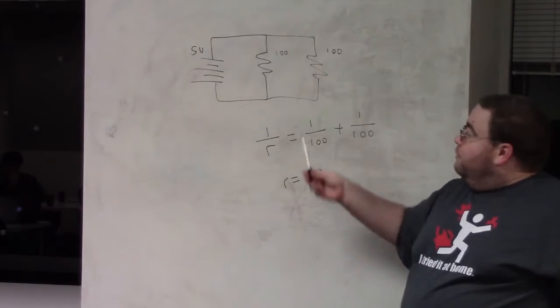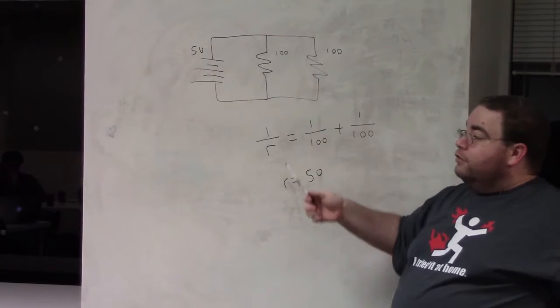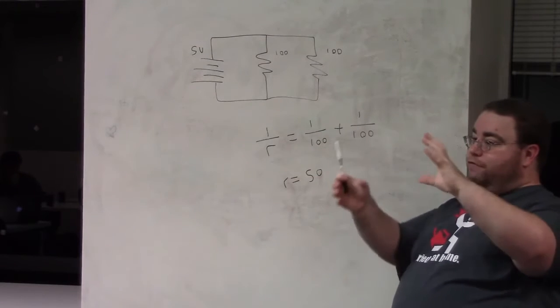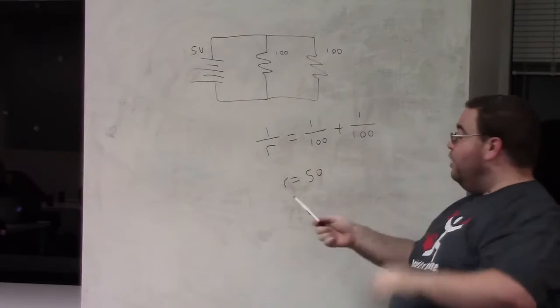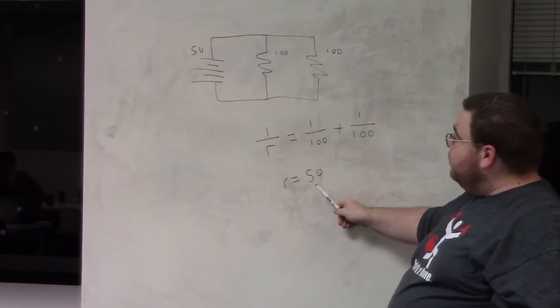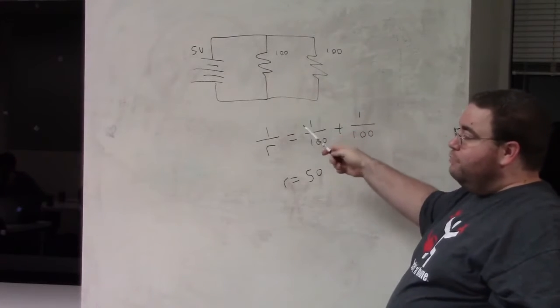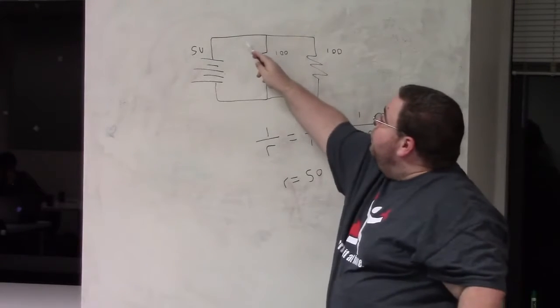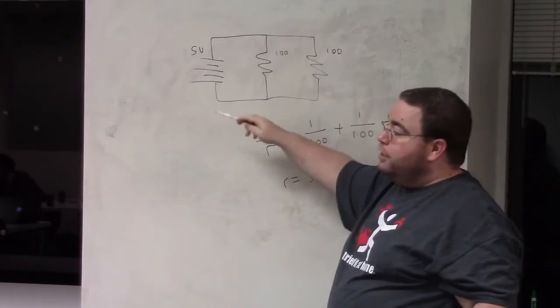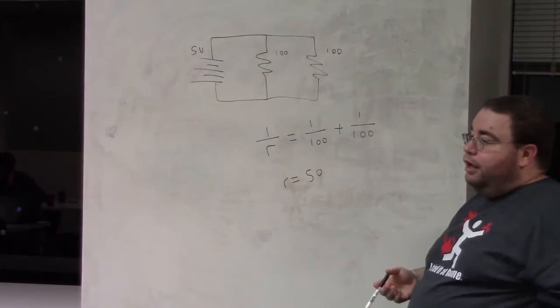And so you can figure out from those 2 laws, because R equals 50, we can figure out the current, and then with the current, figure out what the voltage is going to be at each node in the circuit, and so on.